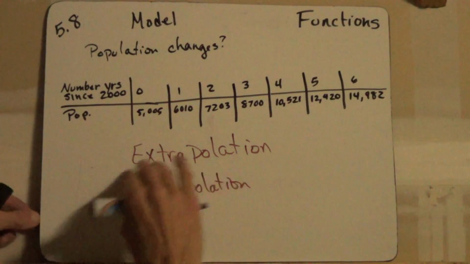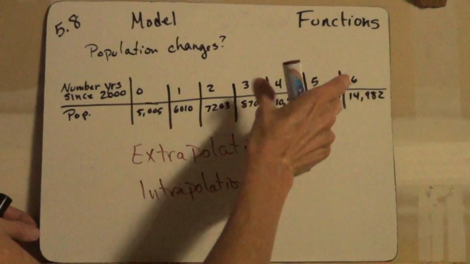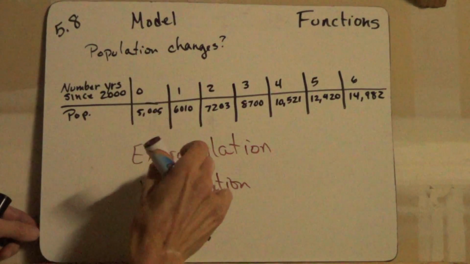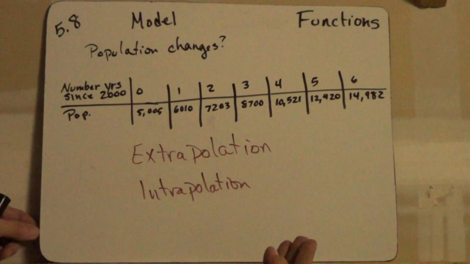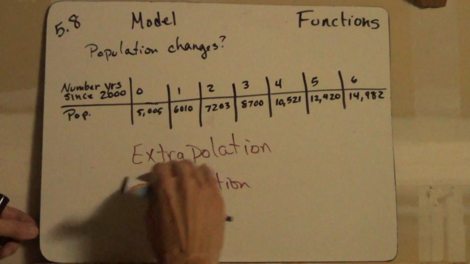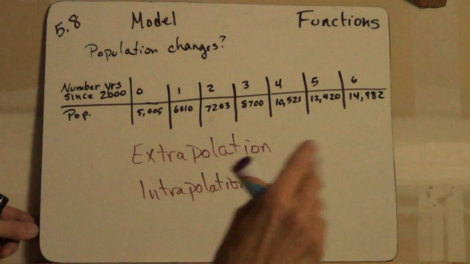Okay? So interpolation is inside, and those are more accurate than extrapolation for obvious reasons.